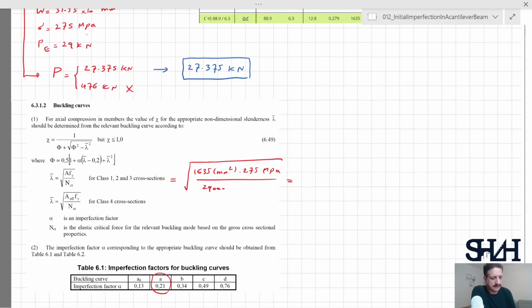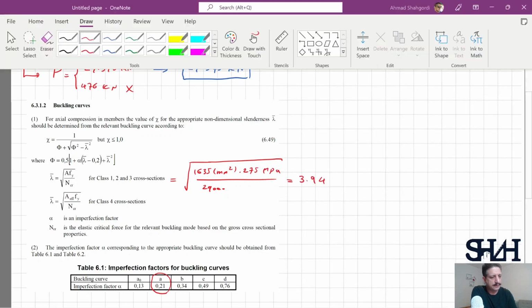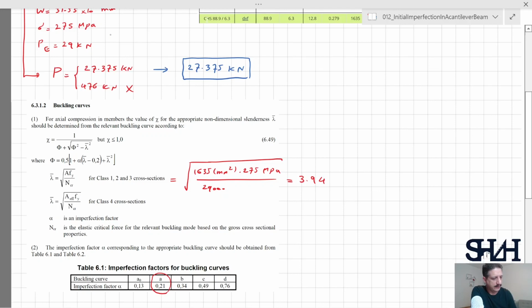It's very slender. Practically, it is not a good cross section for this length, but just for the calculation, it is worthy to have a look at that.